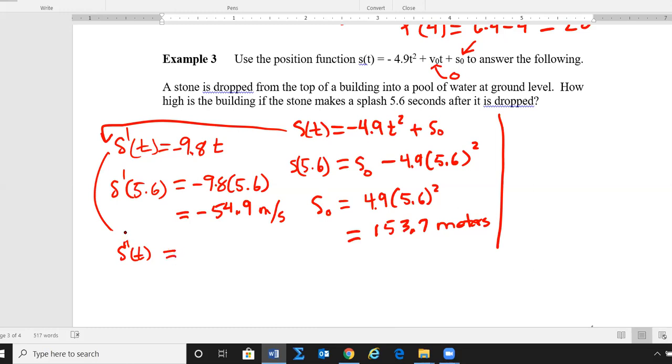Taking a derivative of this function, it's negative 9.8. And that's the acceleration due to gravity. So it's the same acceleration at any point along the path. That's not changing. Constant acceleration. Okay, so I believe that's about it for this one.